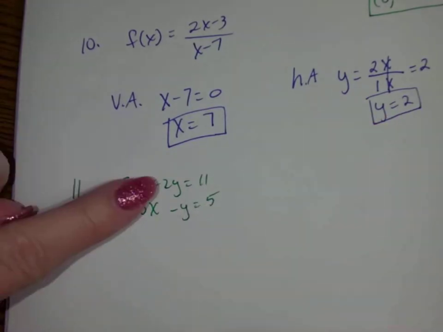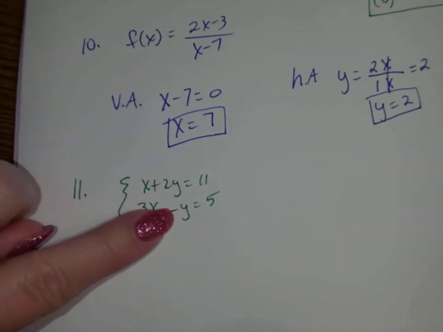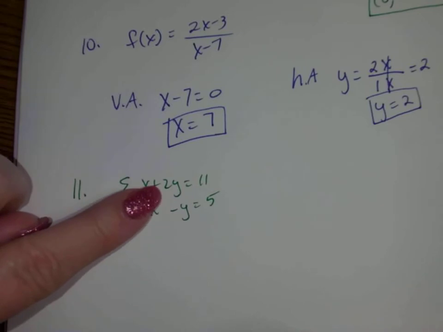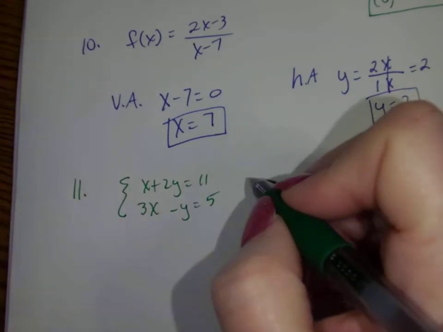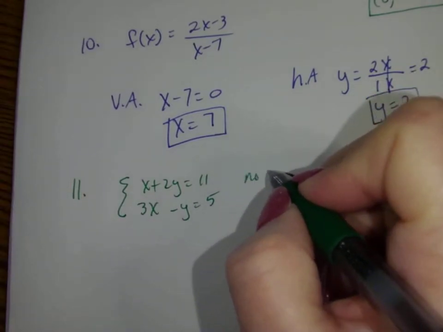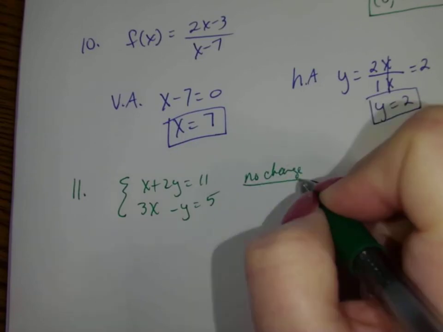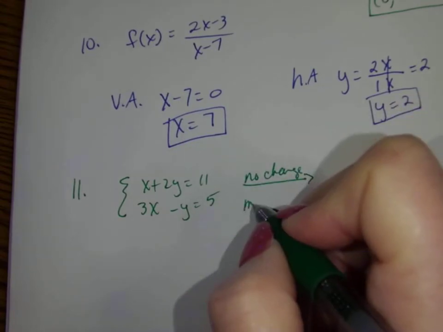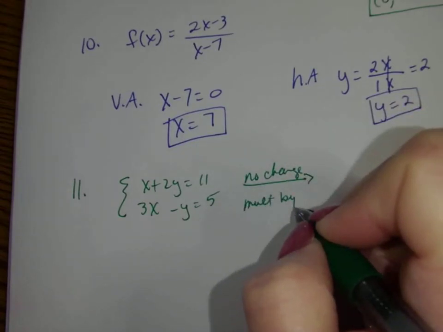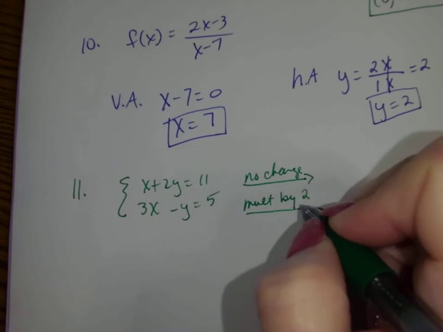So on the y's, I need to get them to the same number, but opposite signs. They're already opposite signs, so on the top, I'm not going to change anything. And on the bottom, I'm going to multiply by a 2.